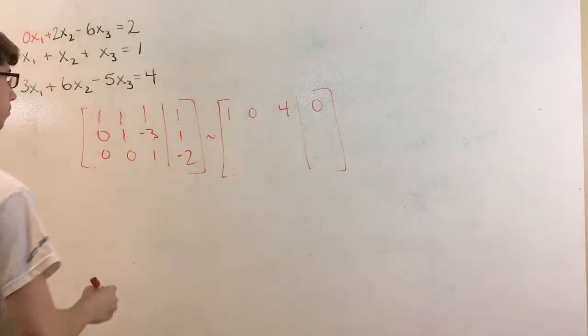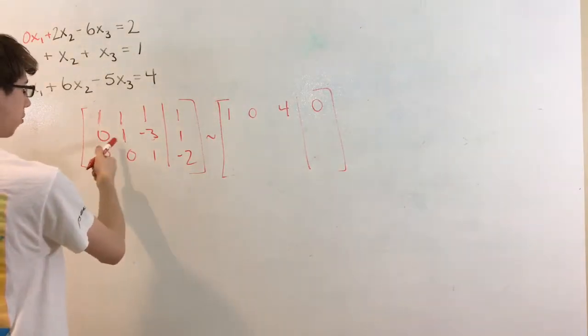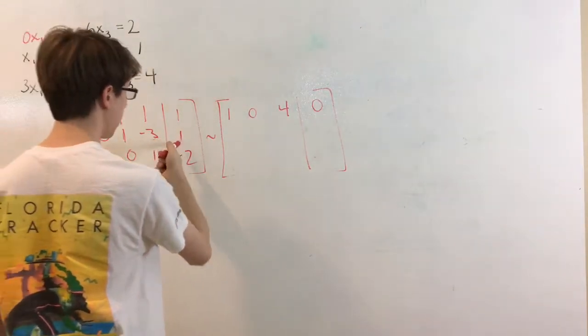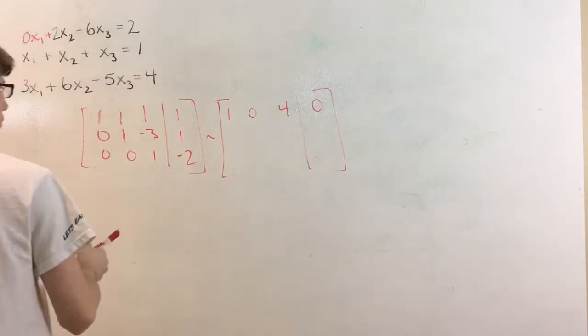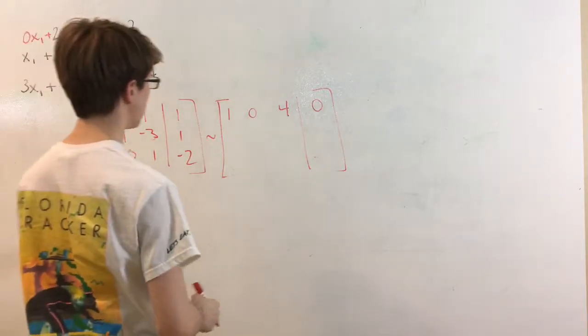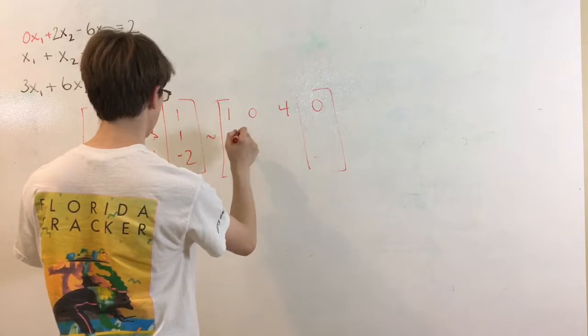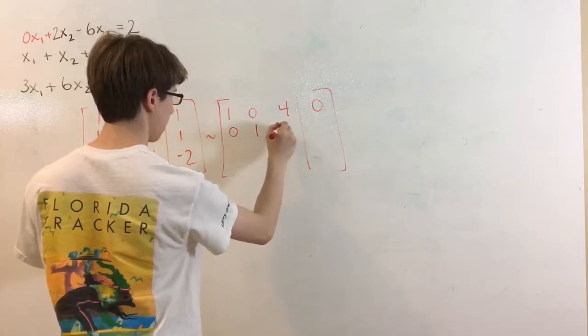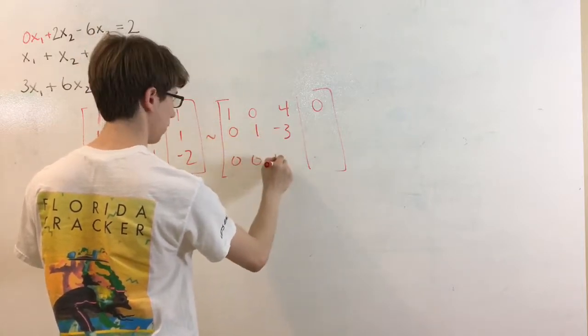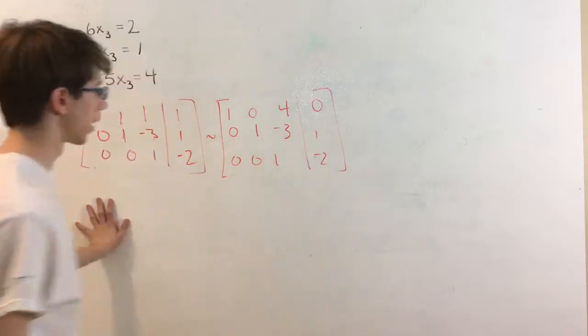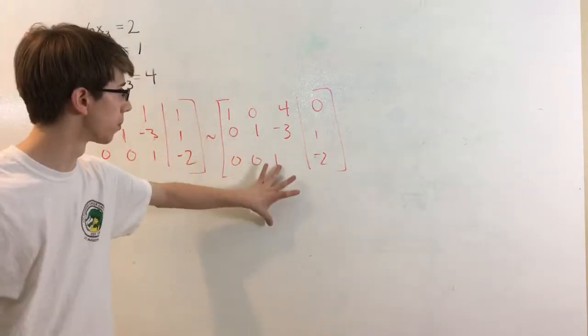Okay, now we have 0, 1, -3, 1. Alright, so this is what the new one would look like.